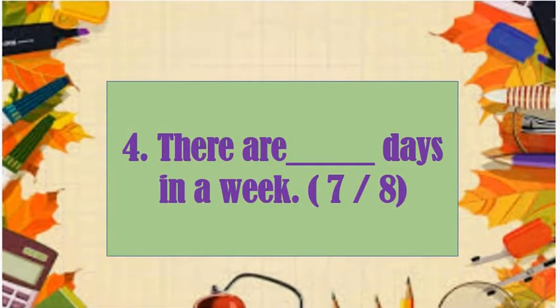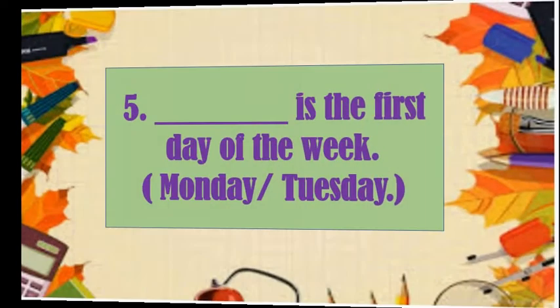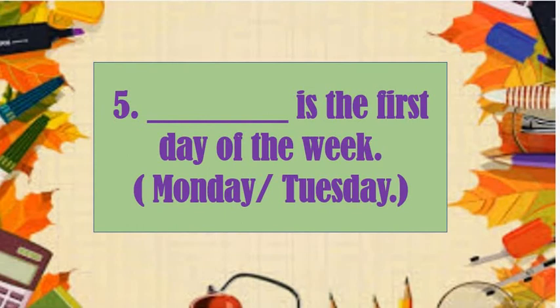There are dash days in a week. 7 or 8. Answer is 7. There are 7 days in a week. Dash is the first day of the week. Monday or Tuesday.